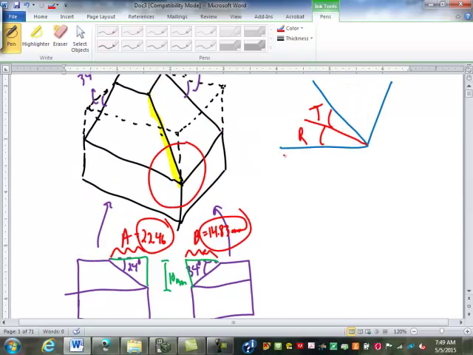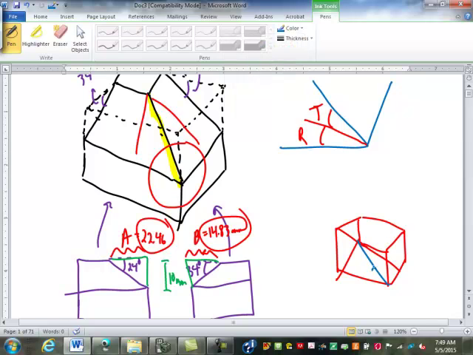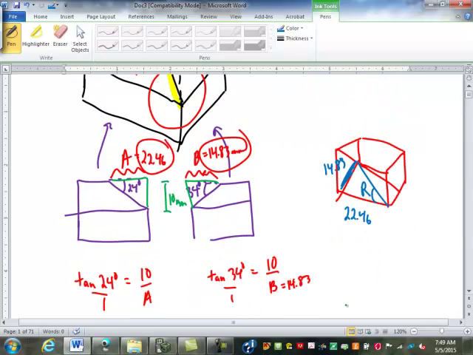Now what? Well, basically what we're doing now is we're just cutting this here, and we're looking at that corner, and that corner is just a box. So we're looking at this as our angle of rotation, which is going to be this dimension, the 14.83, and this dimension, the 22.46. What are we going to do with them?